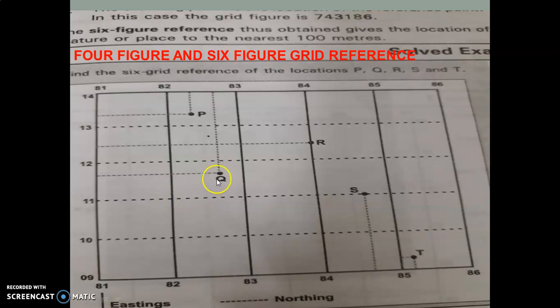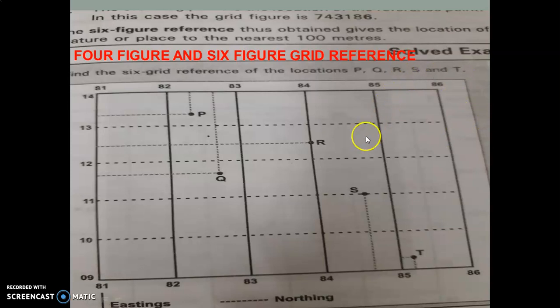Suppose this Q symbol lies on 7. So the reference becomes 8, 2, 7, 1, 1. Then for the last digit, we divide this easting line into 10 equal parts. Suppose 7 will be there. So 8, 2, 7, 1, 1, 7. This is the 6-figure grid reference of Q.